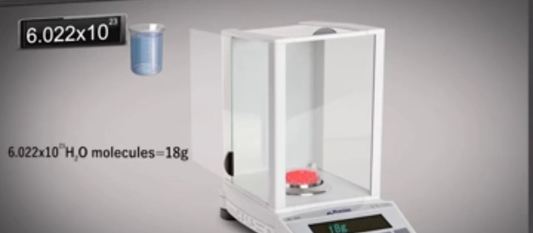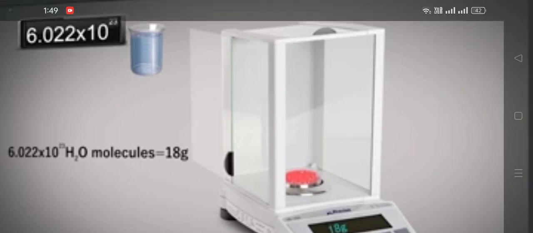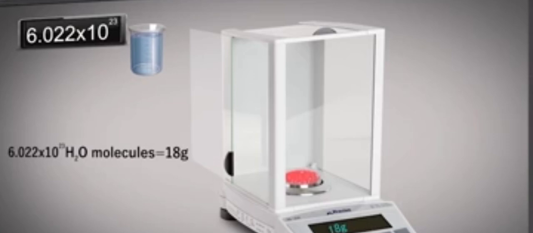So the Avogadro number of water molecules is equal to 18 grams, and that is 1 mole. Now notice one more thing. If you take half of the Avogadro number, 3.011 x 10^23, of water molecules and calculate their mass, it will definitely be 9 grams. 18 grams is 1 mole of water molecules, and 9 grams is 0.5 moles, that is half the number of a mole.